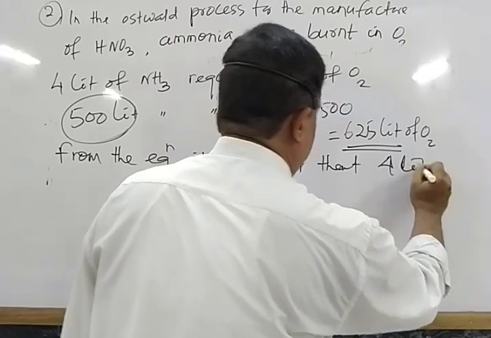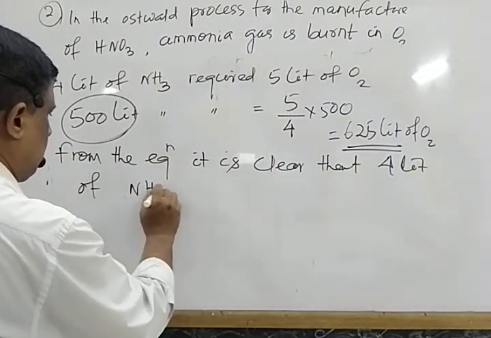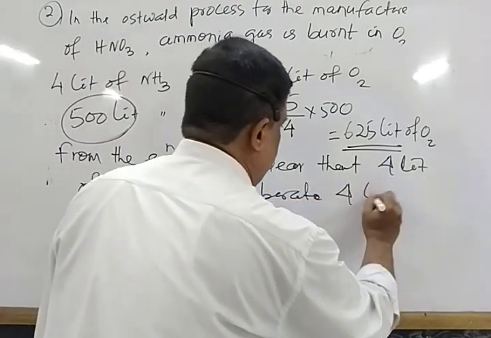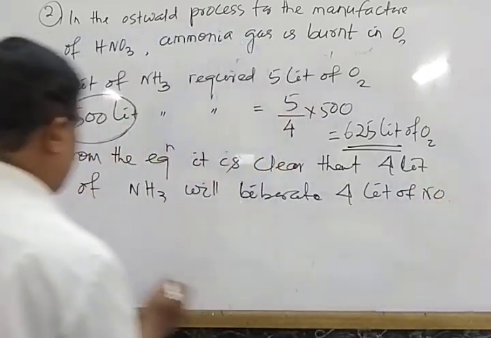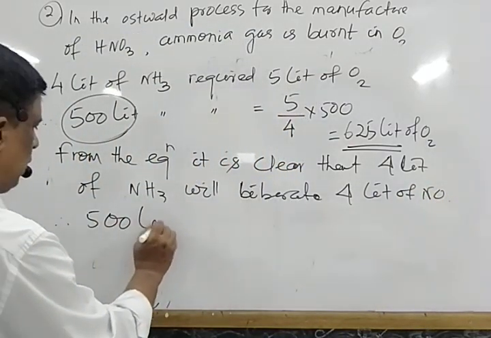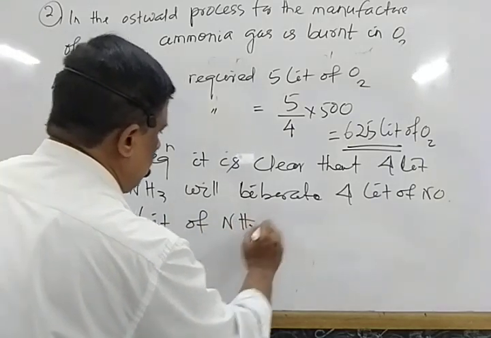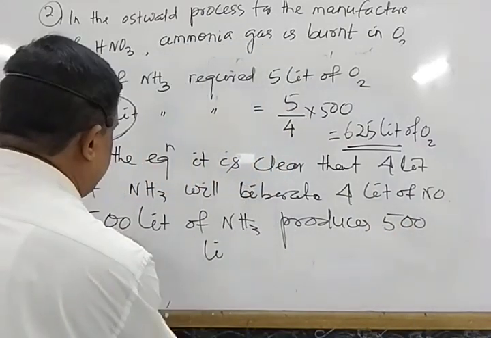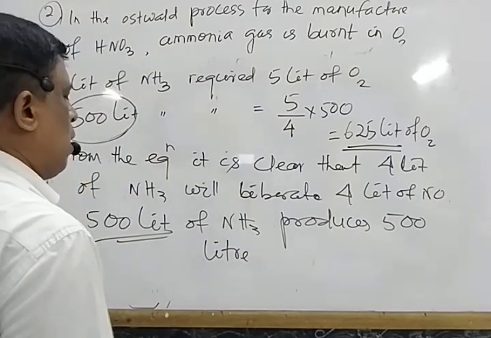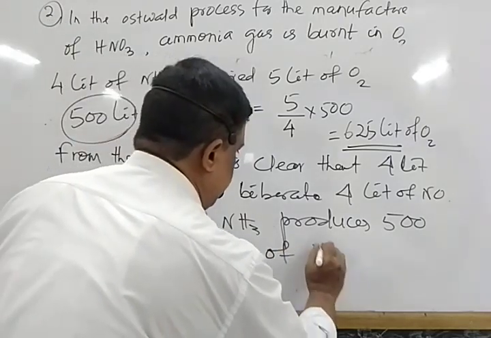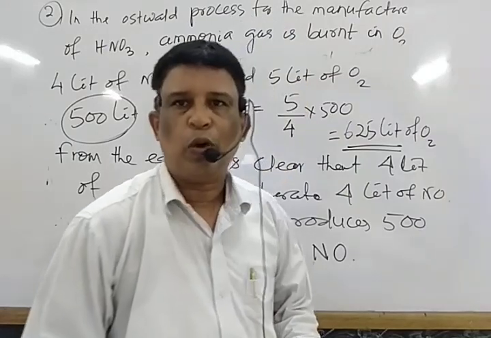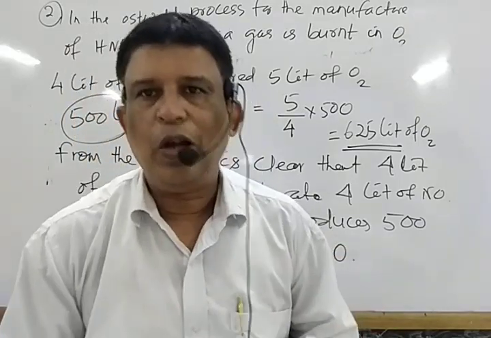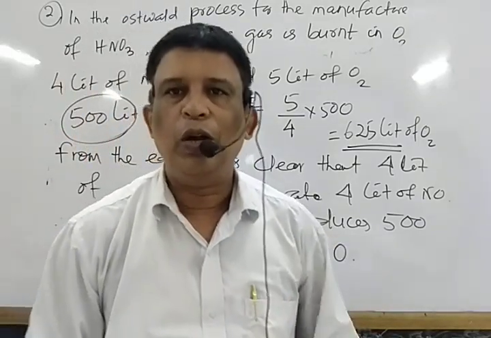Therefore 500 liter of ammonia produces 500 liter of nitric oxide. These are some problems based upon mass relationship, mass-volume relationship, and volume relationship.